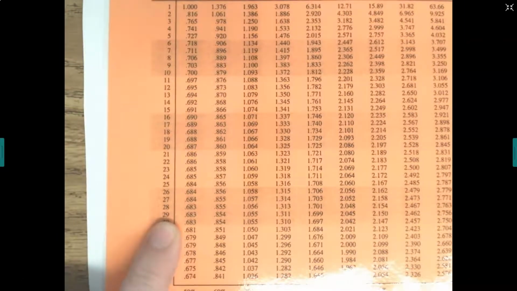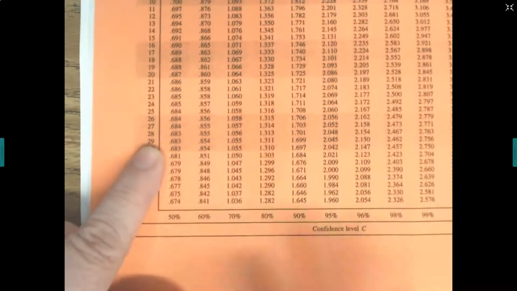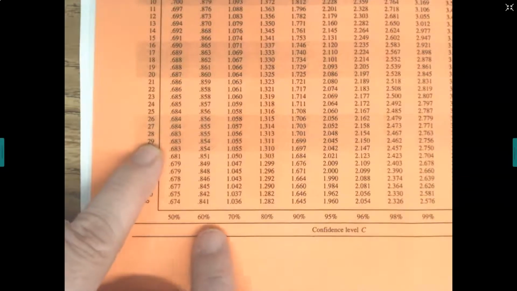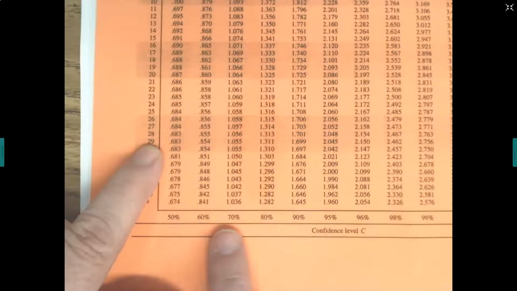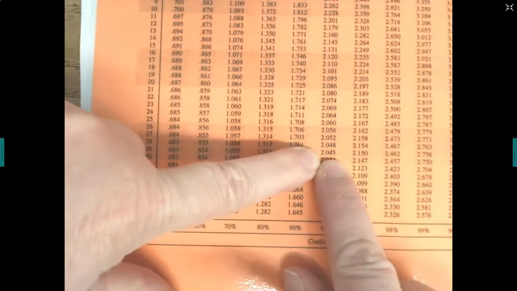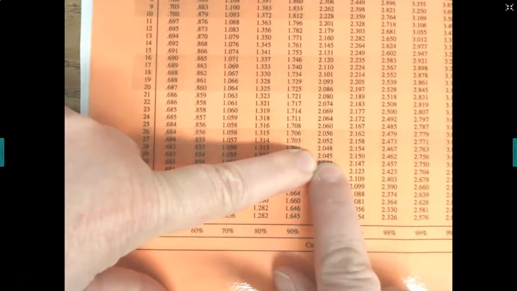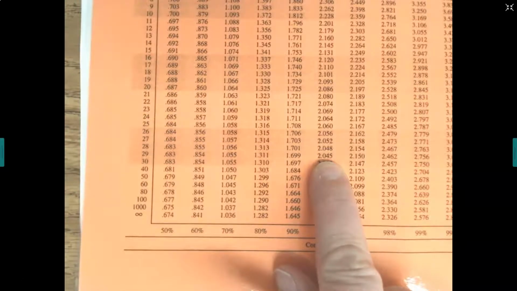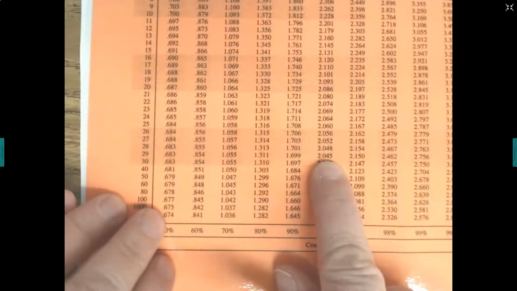And we were going to construct a 95% confidence interval. So if you look across the bottom, it says confidence level. So you can find the interval that we want, which is 95%. And where they cross each other, that's our critical value. So in this case, 2.045.